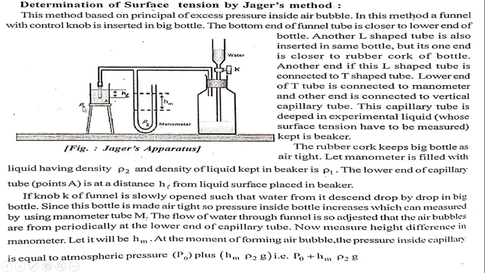The lower end of capillary tube, that is point A, is at distance HL, the height from this point A to the liquid surface placed in beaker, denoted by HL.